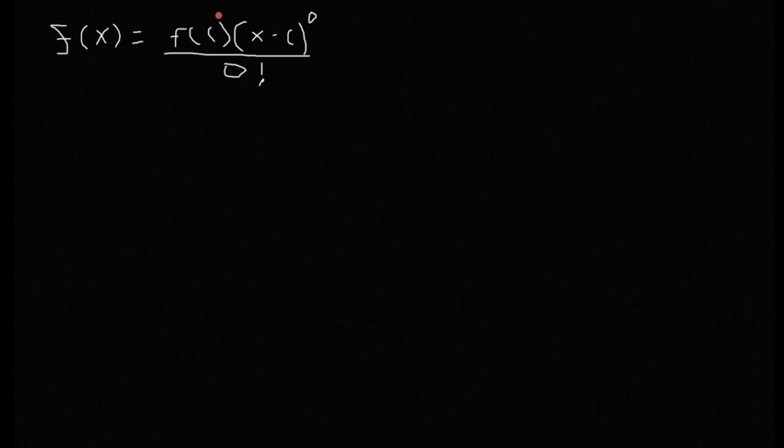We see this f term right here. It has 0 derivatives, so the power of the x minus c is 0, and the factorial is 0. 0 factorial is 1, so we could rewrite this as 1 if we wanted to, just to make this part prettier. And anything to the 0th power is 1.